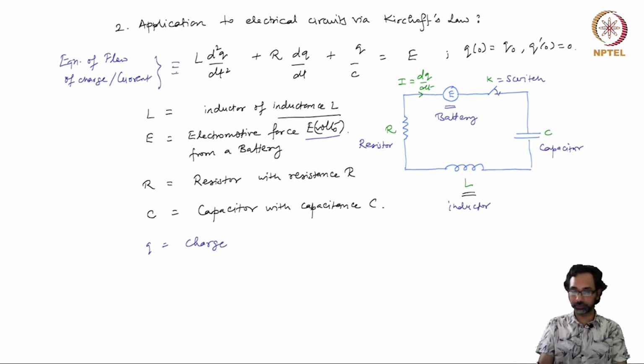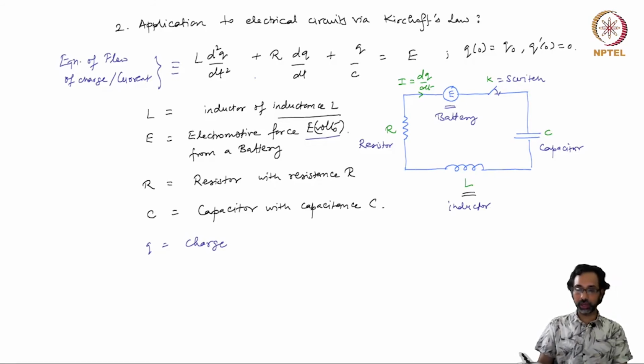This is given by this equation, and this is a second order ordinary differential equation with constant coefficients, and it is of the same form as the spring mass system that we have seen before. So this is an initial value problem with mathematically the same set of equations.